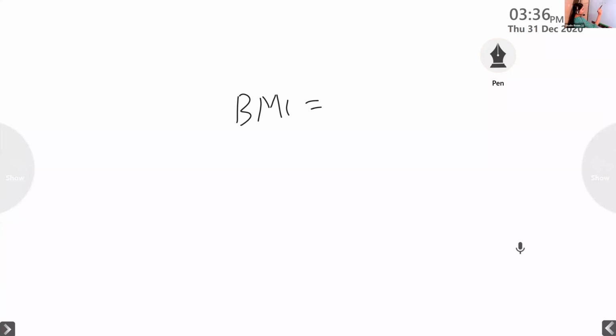BMI is a calculation. So this is my height, 157 centimeters, and my weight is 43 kg. Okay, what is the equation for BMI, Reina?